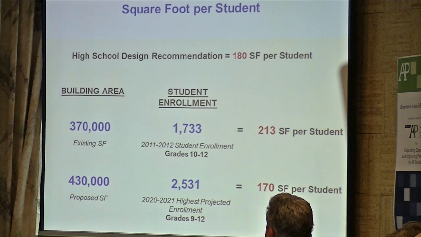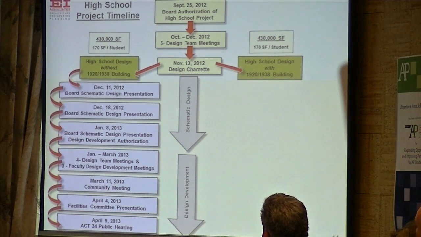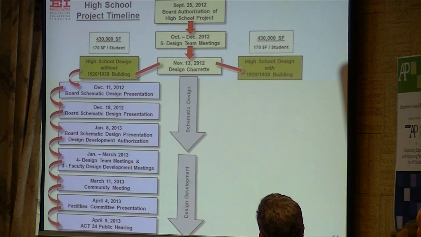And when we're all done, we end up with more classrooms, more library space, a different cafeteria, but the efficiency of the building in operation is less square feet per student. So it's a more efficient design.